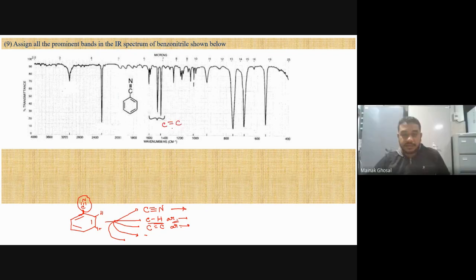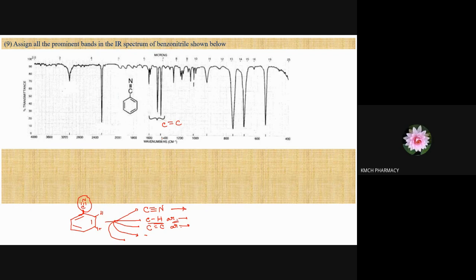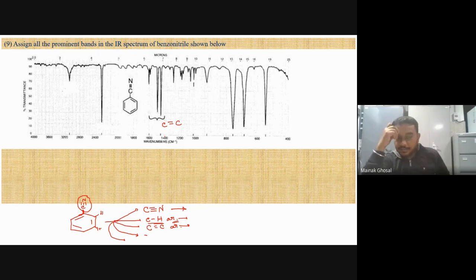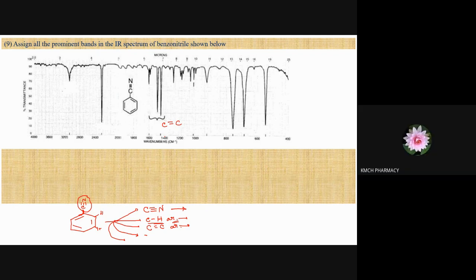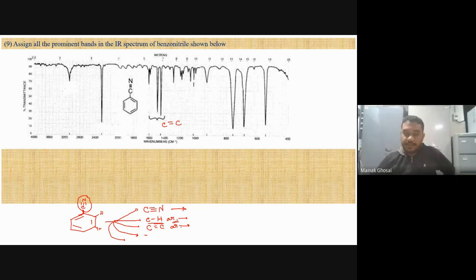Why are there so many bands? It is due to the delocalization of pi electrons. We have vibration bands from 1400 to 1600, but why so many bands? We have only one kind of C double bond C, right?